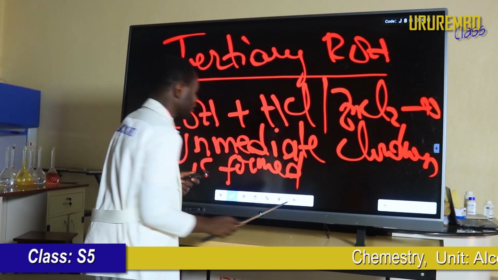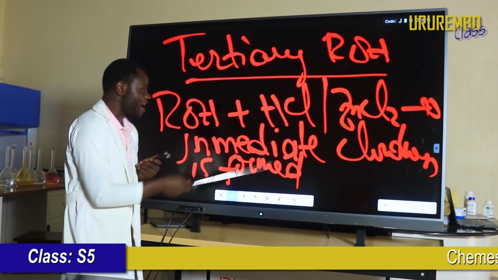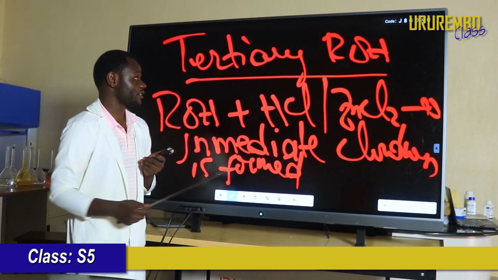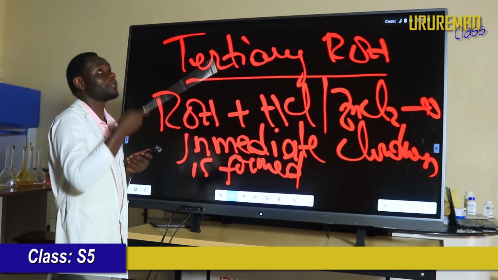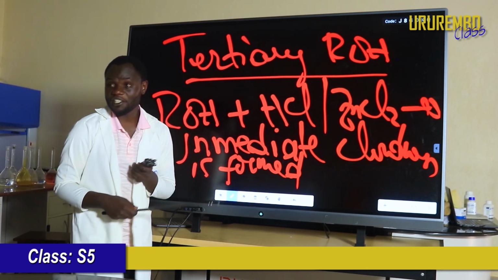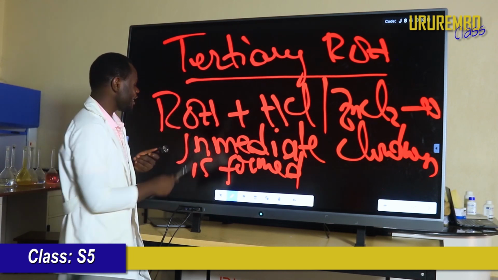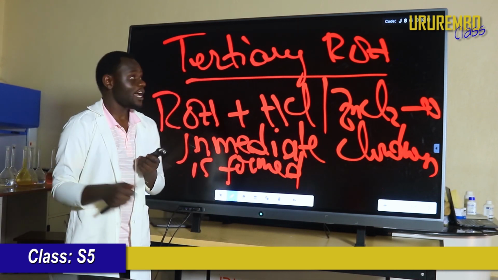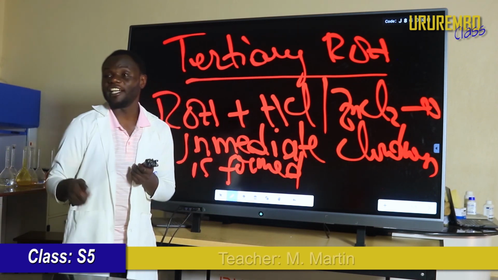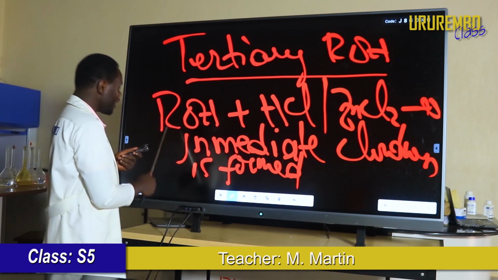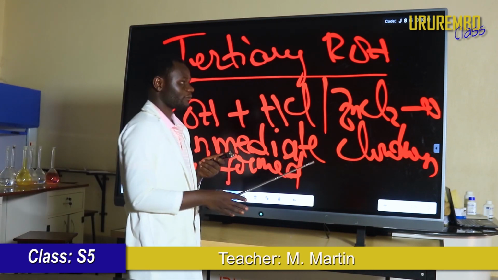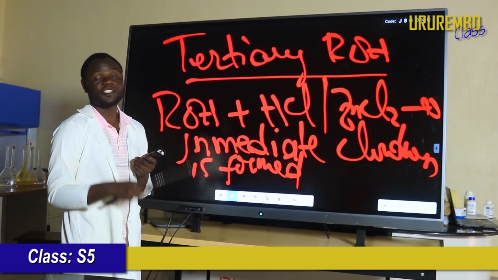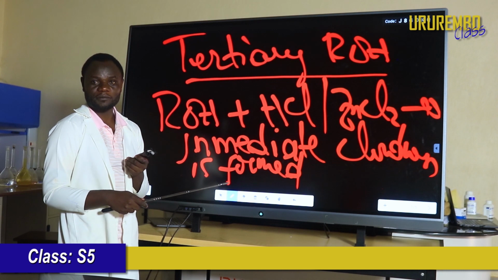It means that when you observe those cloudiness, those fumes directly, you can predict this is a tertiary alcohol. When the observation takes place in 5 minutes, this is a secondary alcohol. And if no observation is observed, you can say this is a primary alcohol.